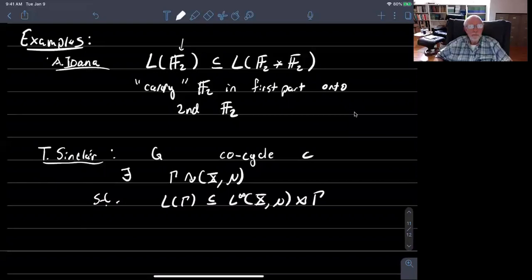There's a larger von Neumann algebra out there. This is your M inside of your M tilde.